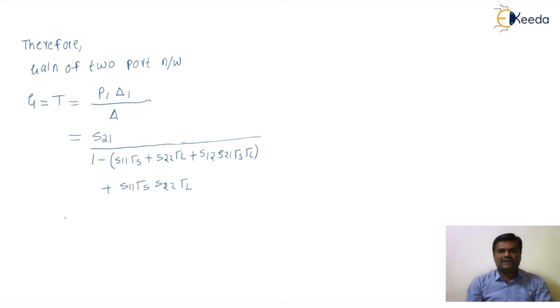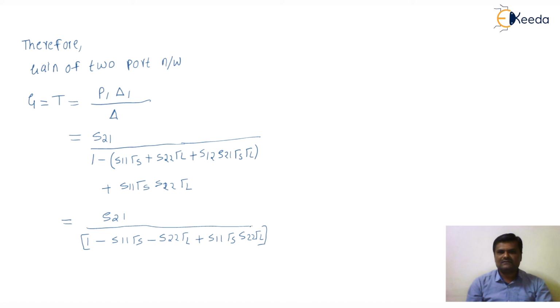So rearrange the equation like this: S21 by 1 minus S11 gamma S minus S22 gamma L. I take this plus inside, plus S11 gamma S S22 gamma L, bracket complete.